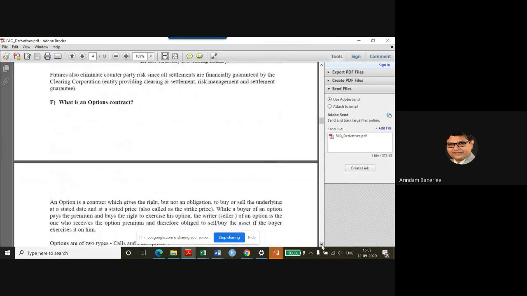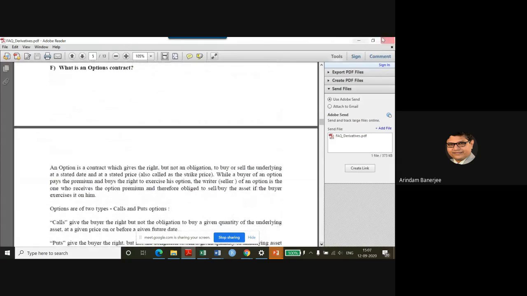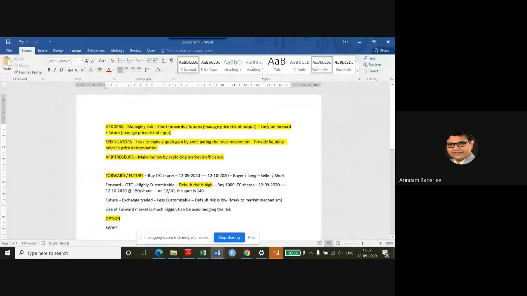Now coming to our main point, that is the option. See, in case of forwards and futures, when the parties enter into a contract, the buyer has an obligation to meet the terms. He cannot come out of the contract if it goes against his interest.